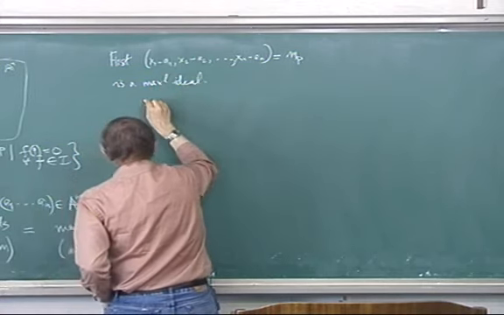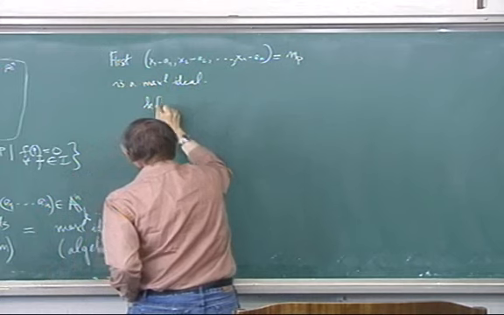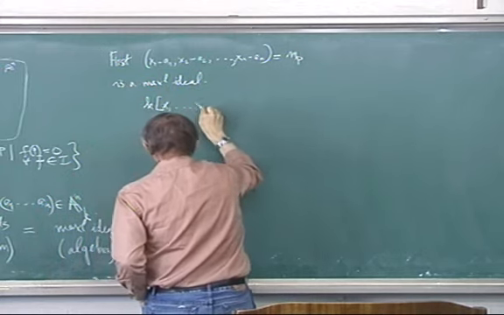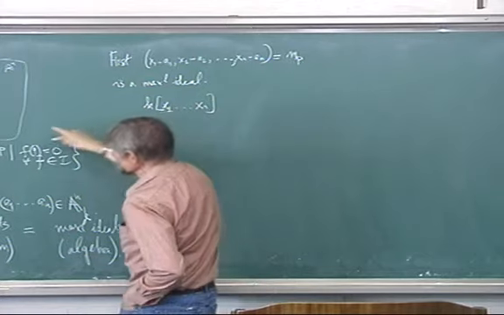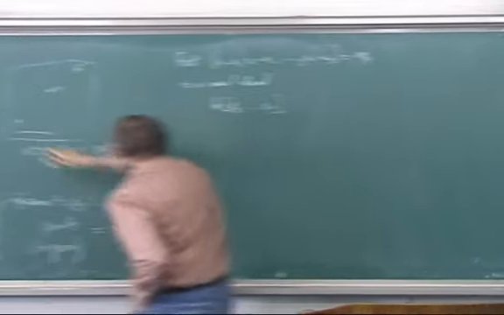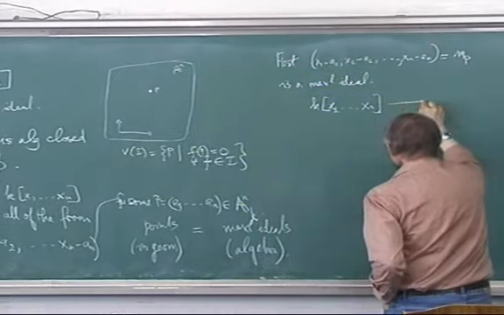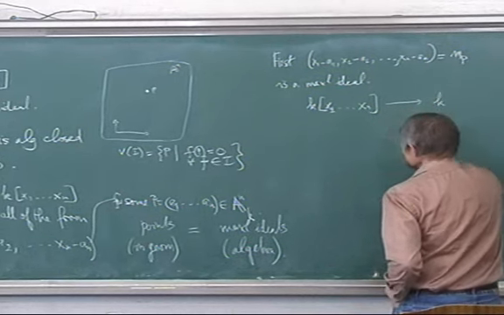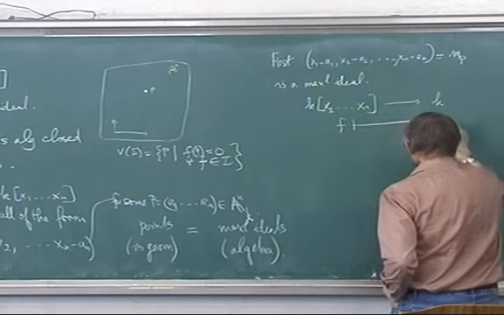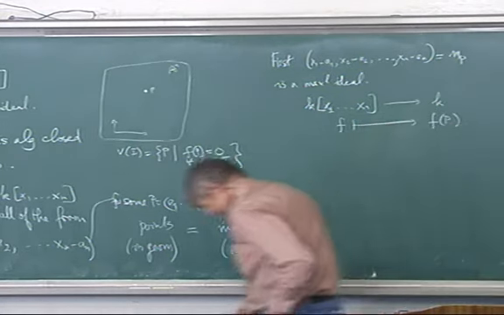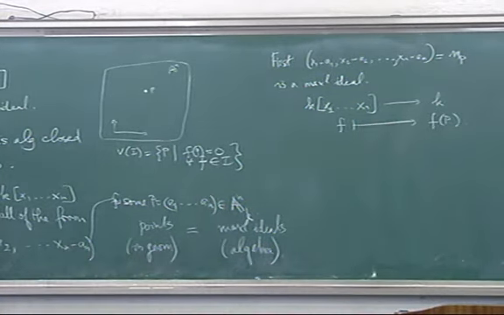Because I can take k[x1, ..., xn], think of these as polynomial functions on A^n, and evaluate them at P. So I'm taking f to f(P).